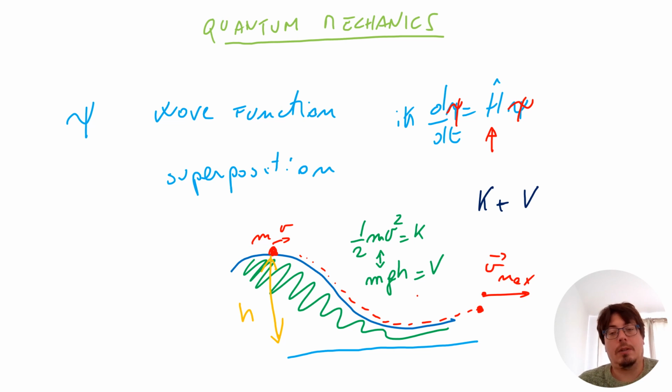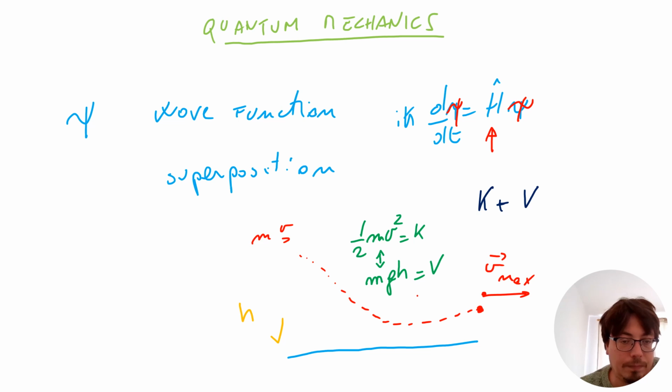In general, there will be other forces that you can add, but usually you're happy with these two: a kinetic part and a potential part. In many examples in quantum mechanics, this is true.